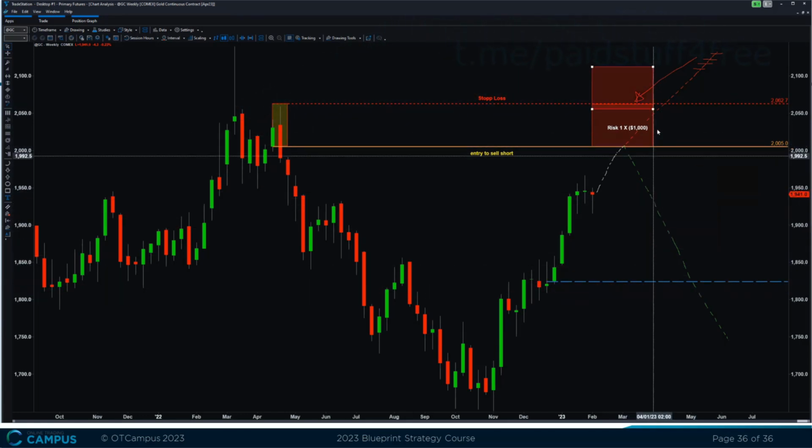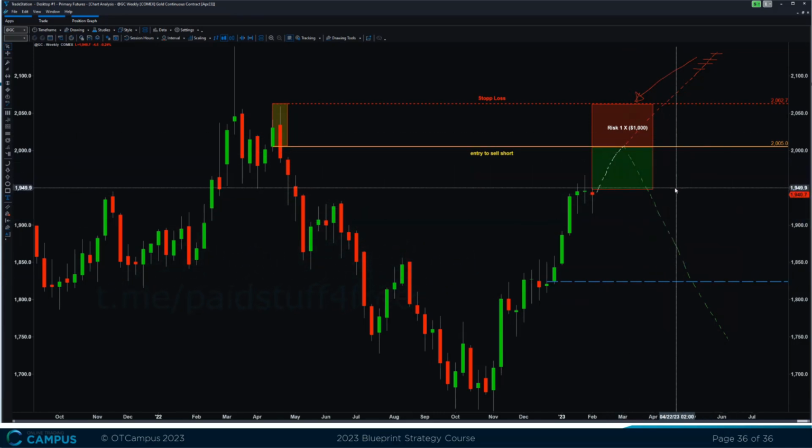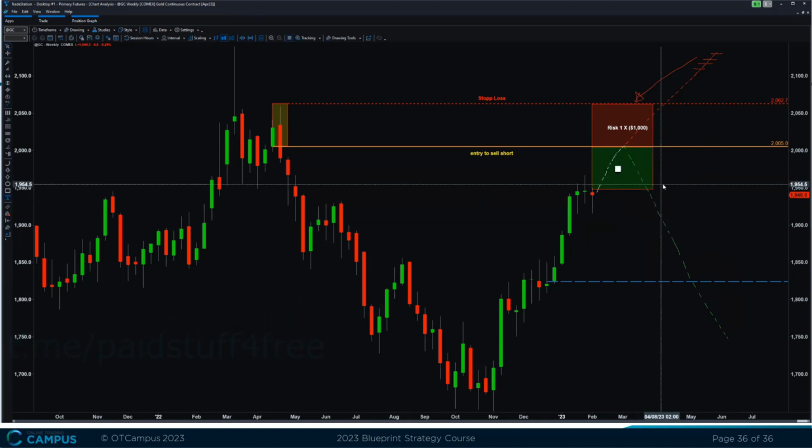So as we now go into the reward, as price declines, you'll see that the more price declines, the more money you'll make in terms of risk to reward. At this stage, you're making a 1-to-1, and a 1-to-1 would imply that you're making $1,000.